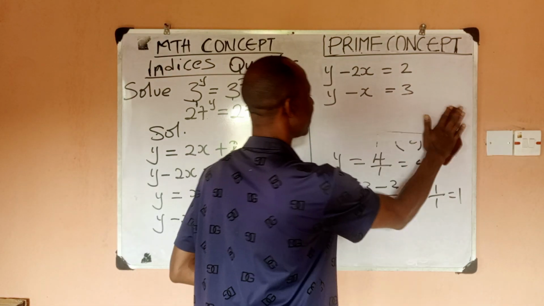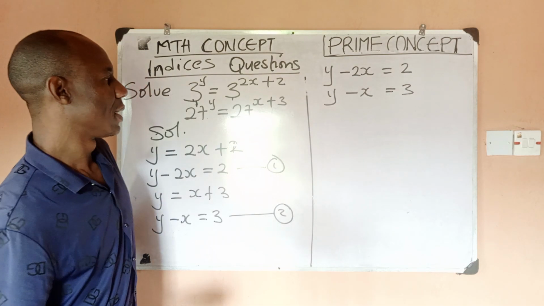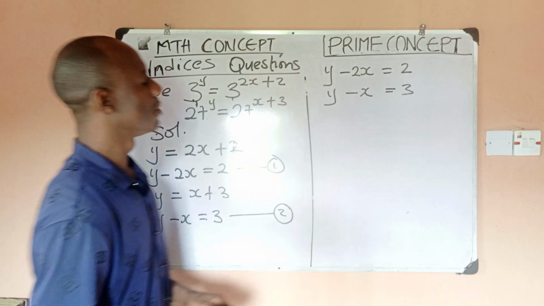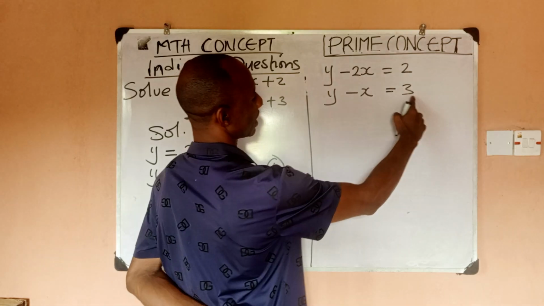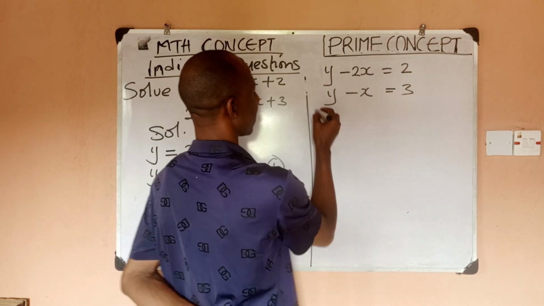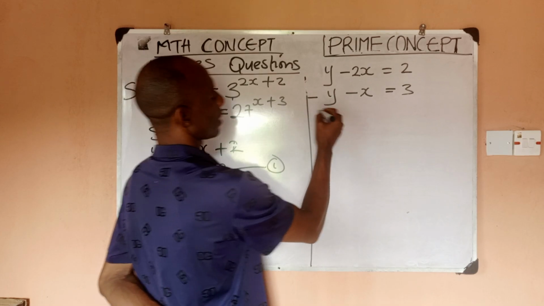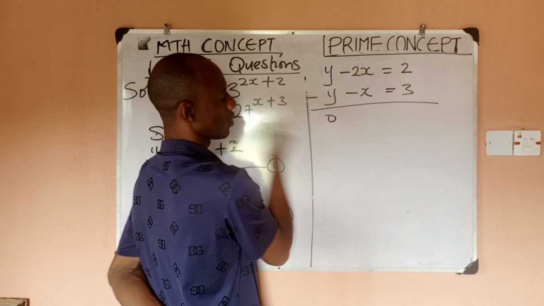So let's solve it differently. We can solve this by elimination. Let's just subtract this minus this, right? Very quickly, y minus y is 0, it will go.